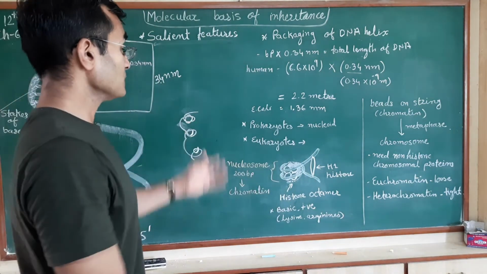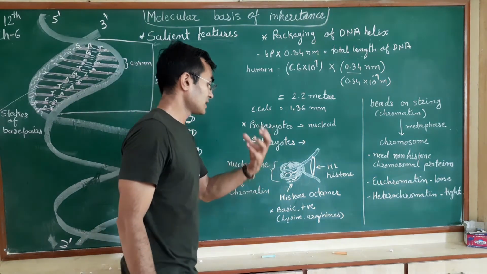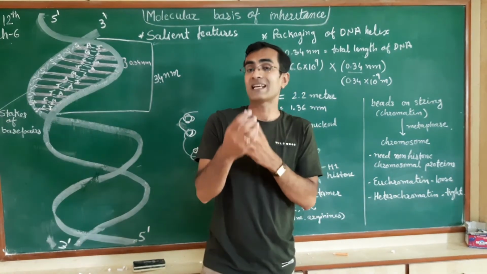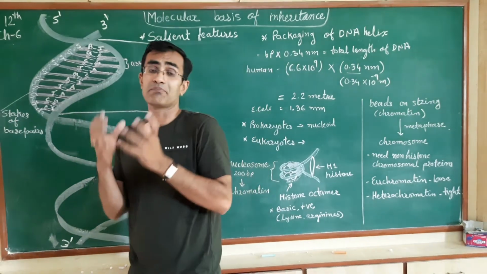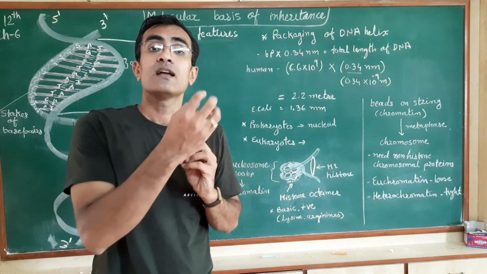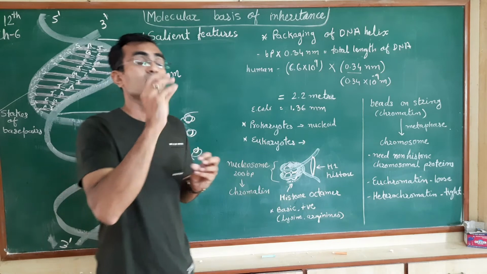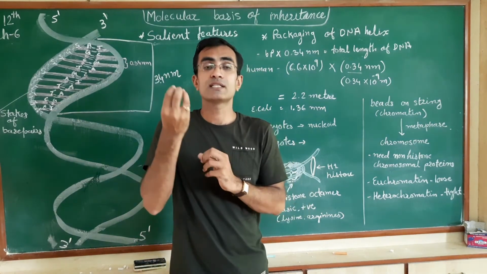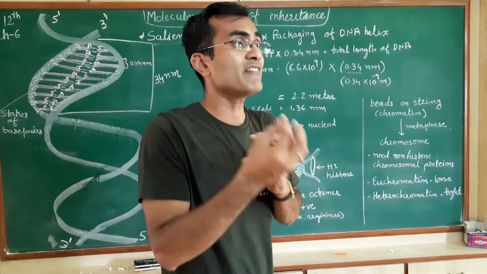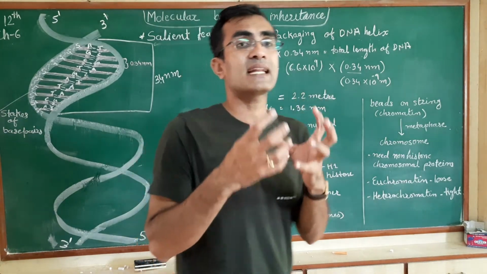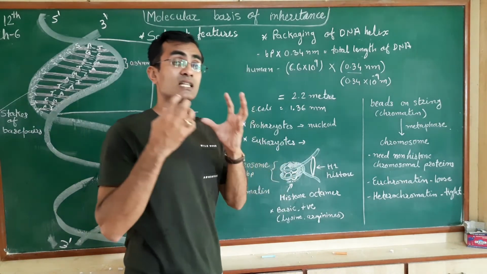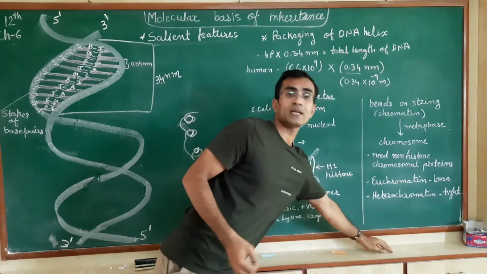Okay, now these histone proteins basically make a globular structure. When histone molecules bind with each other, they make an octamer. So basically an octamer has 8 molecules of histones.